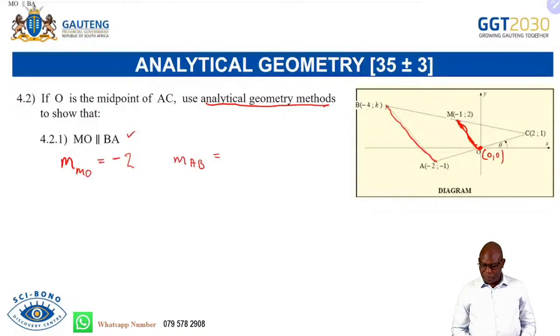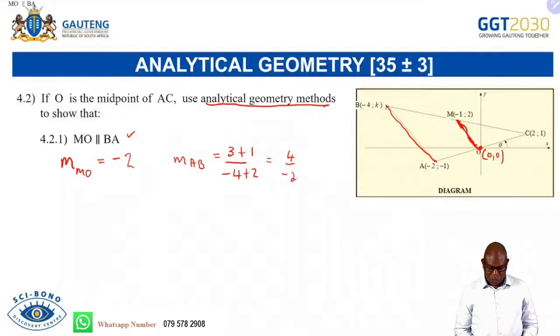The gradient of AB, what is the gradient of AB? It's 3 plus 1 over minus 4 plus 2, which is going to be 4 divided by negative 2, and the answer is negative 2. So can you see that the gradient of that is negative 2, the gradient of that is negative 2.